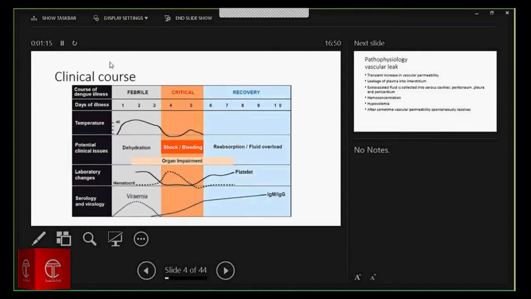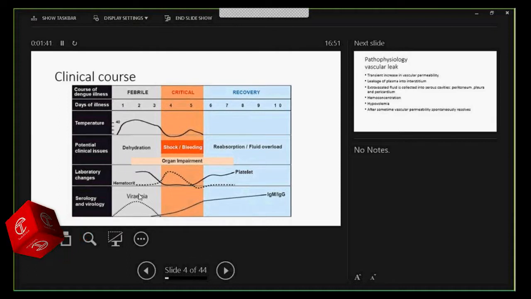Clinically, dengue has three phases: the febrile phase, the critical phase, and the recovery phase. In the febrile phase, the temperature goes up, and around the critical phase, the temperature comes down. However, complications like shock, bleeding and organ involvement are more common during the critical phase. If the patient survives the critical phase, they go on to the recovery phase.